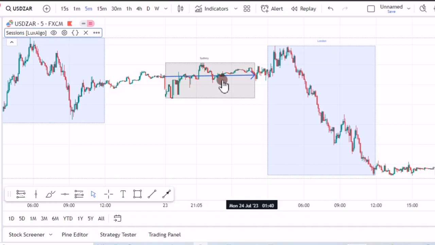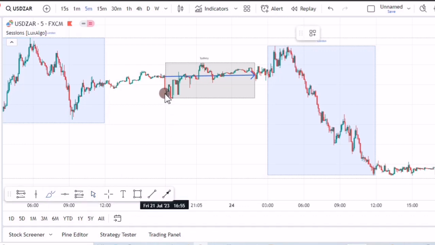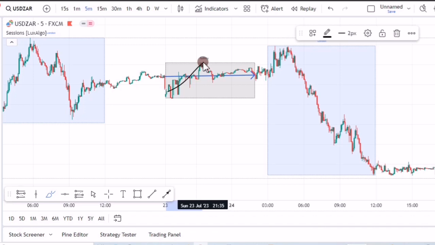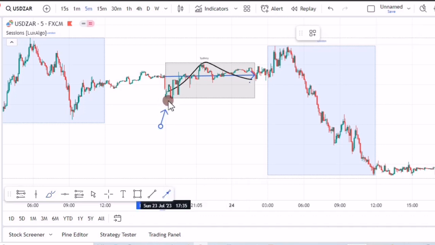If it is ranging, you take a close look, you know that price on London is going to start by spiking maybe upwards, and then you see price dropping. This is a tricky one. You might look for a buy entry maybe there, and then you look for a sell entry maybe there.